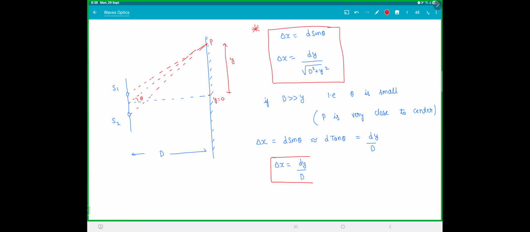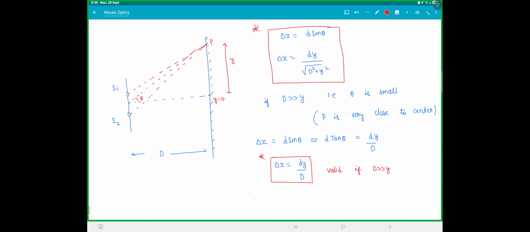This is what you will see in NCERT and everything. But remember, this is valid only if D is much, much greater than y. So be careful. But at an NCERT level, they won't go beyond this.